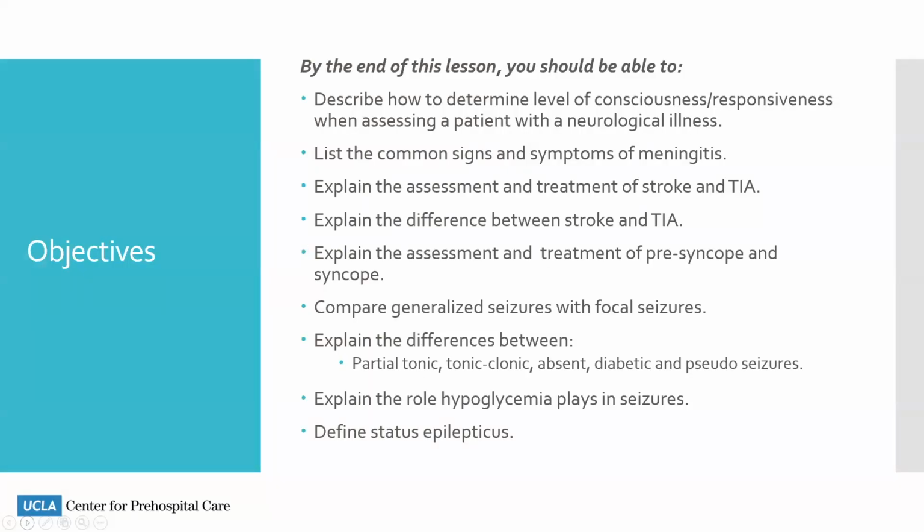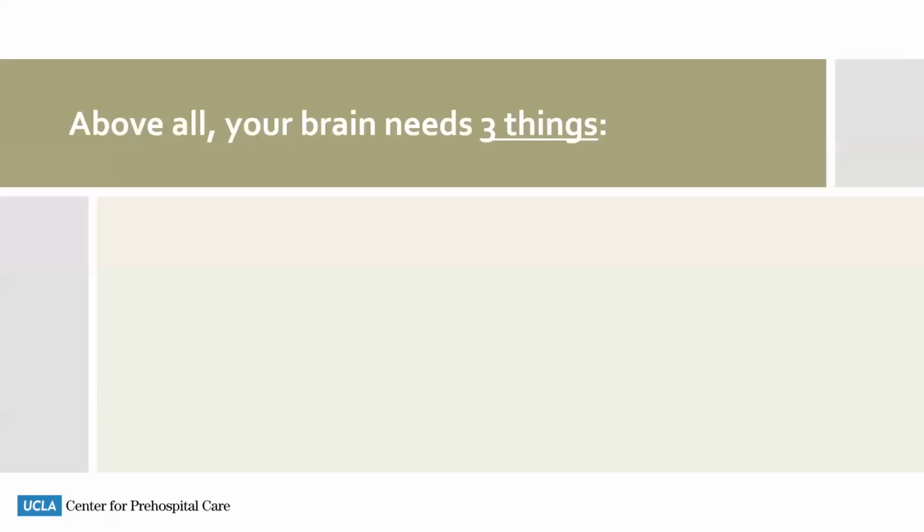So, as far as our objectives are concerned, it's describing how you determine LOC or level of consciousness, signs and symptoms of meningitis, stroke, TIA, presyncope, syncope, and generalized and focal seizures, and hypoglycemia and status epilepticus. So, we're going to go and start on this information.